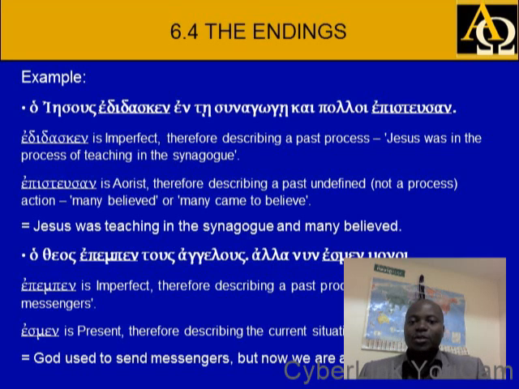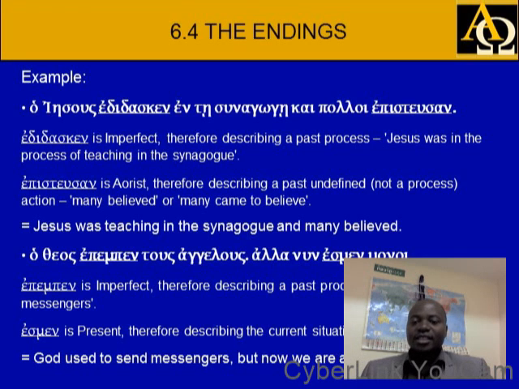Jesus was in the process of teaching in the synagogue. Episteusan is aorist, therefore describing a past undefined, not a process action. Many believed and came to believe. So Jesus was teaching in the synagogue and many believed. The same goes for ho theos epempsen tous angelous alla nun esmen monoi.